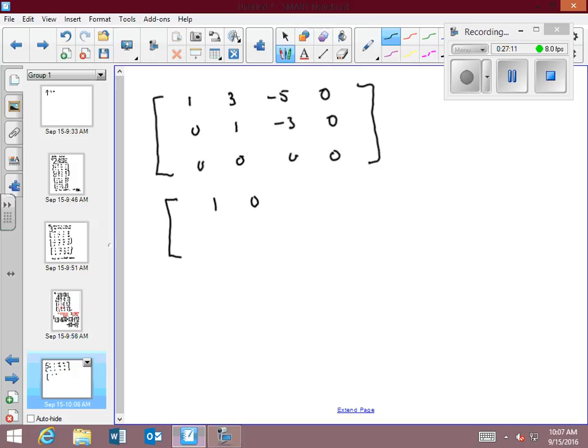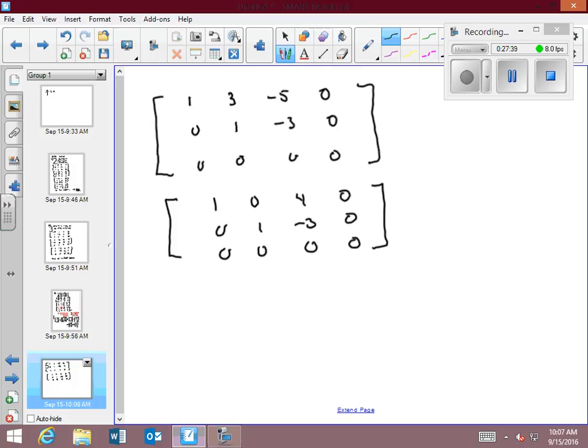So that makes this a 4, 0, 0, 1, minus 3, 0, and then 0, 0. Because you want to go as close as you can to reduced echelon form. Sorry. You see, everyone see my error?